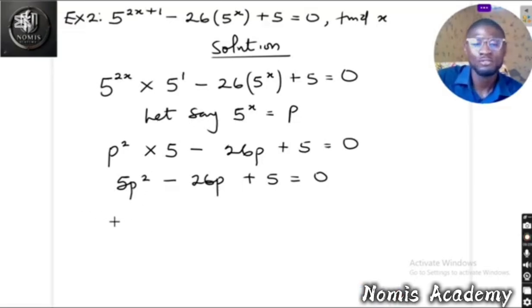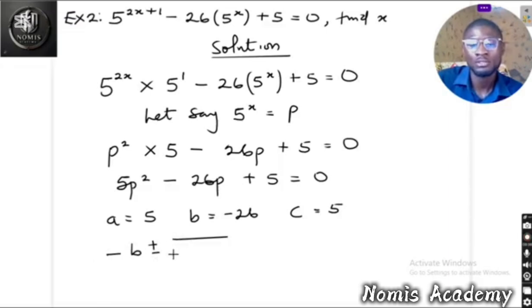So using the almighty formula, we know that the value of A is 5. The value of B is minus 26, and the value of C is equal to 5. So we know the almighty formula to be minus B plus or minus the square root of B squared minus 4AC all over 2A.